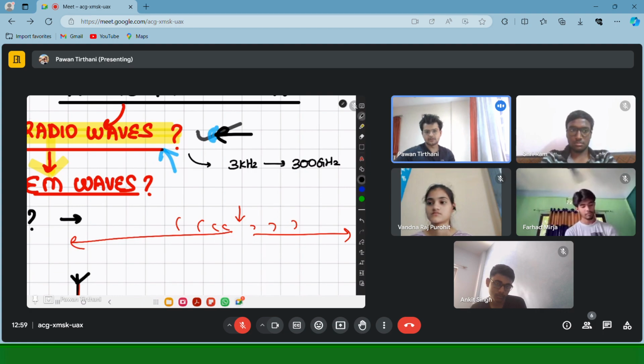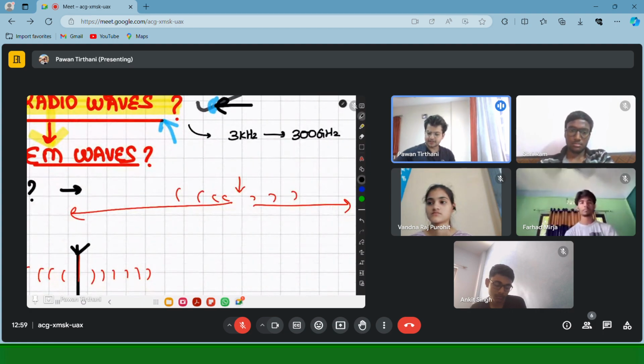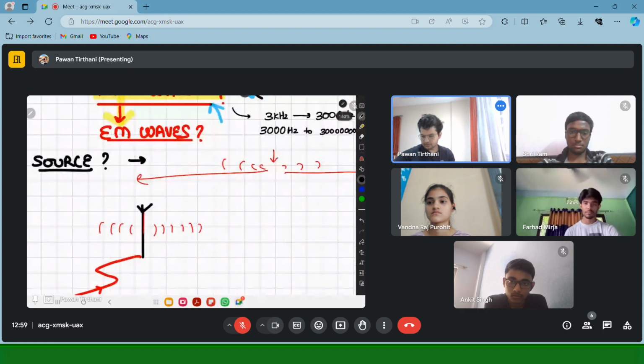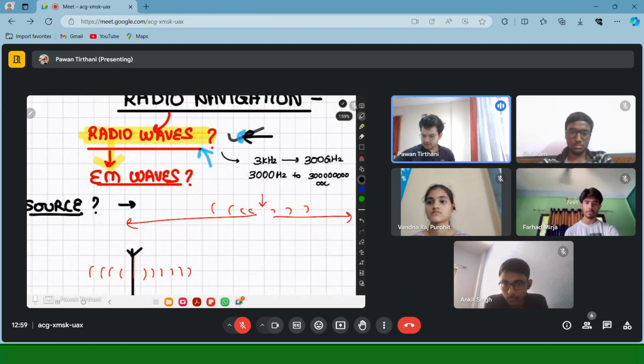So this frequency band is from 3000 hertz to 300,000,000 hertz. This is a very wide spectrum.